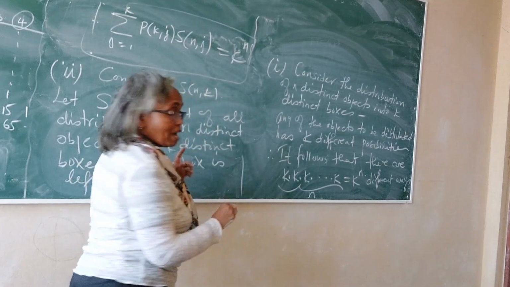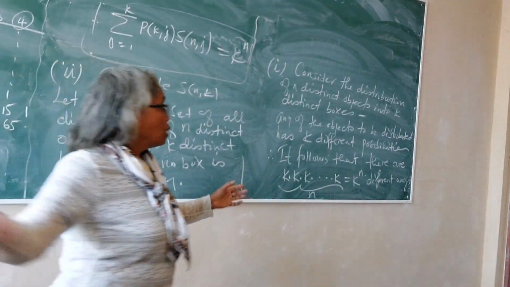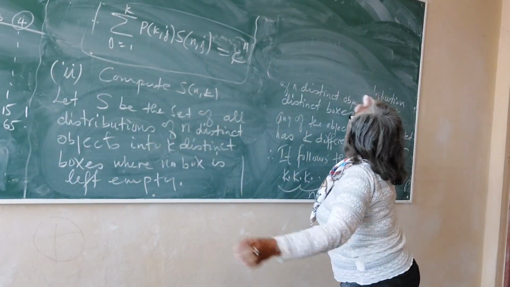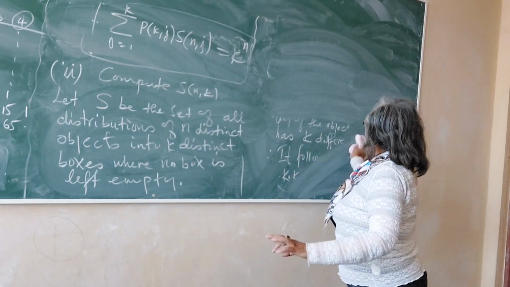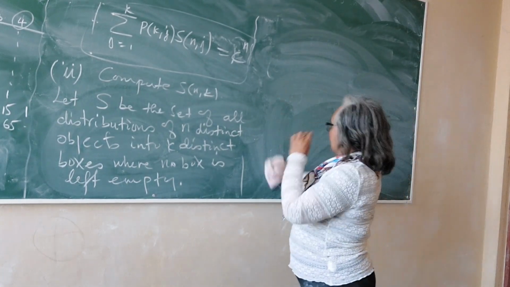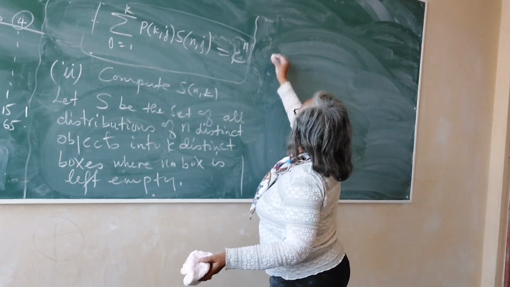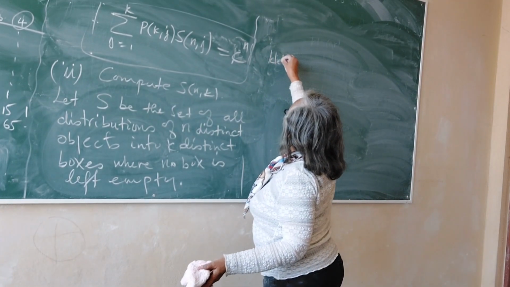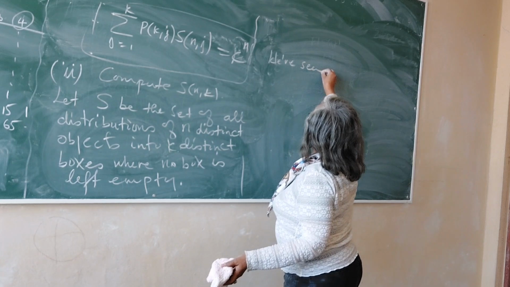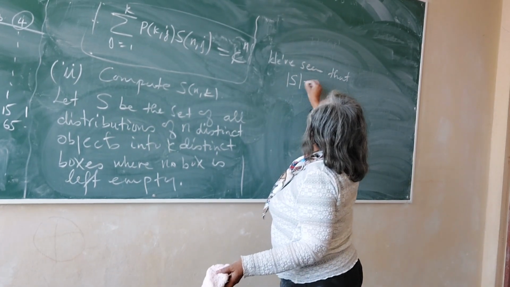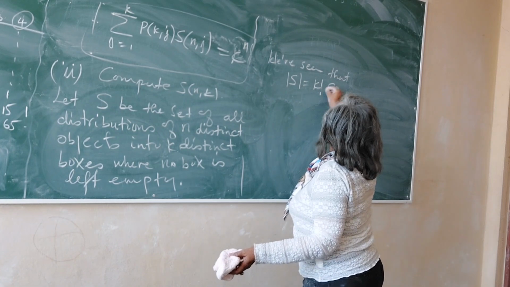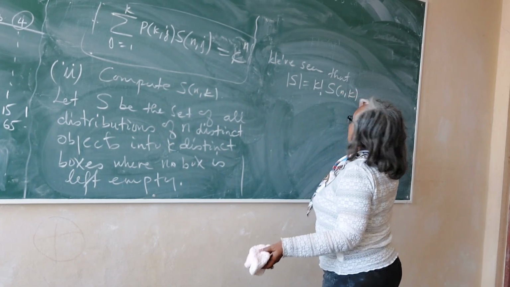Okay? No box is left empty. We know how to count this. We have a formula in terms of Stirling numbers of the second kind. And we have seen that it is given by k factorial times S(n,k).